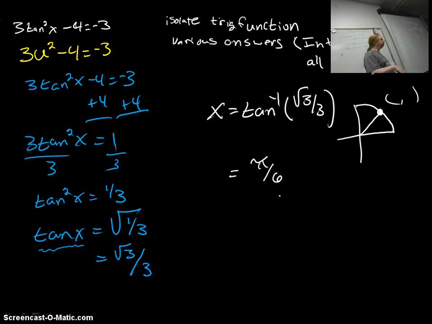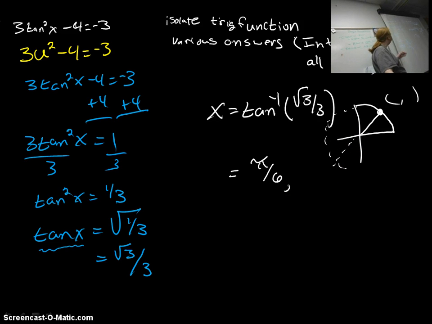But that's not the only place it happens, is it? Where else do I encounter a tangent which is positive? When it's negative, so what quadrant do I have to go to? Down here into the third quadrant, I'm also going to have an answer that has that same result.